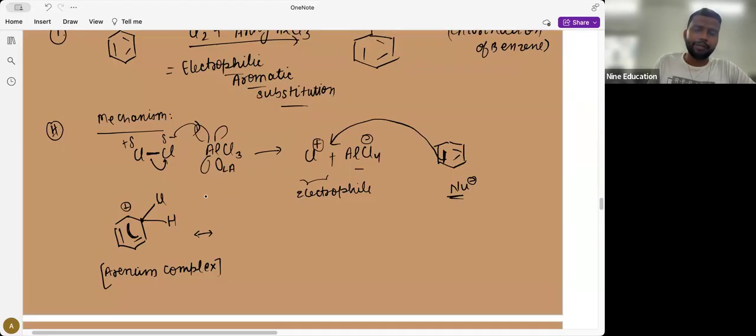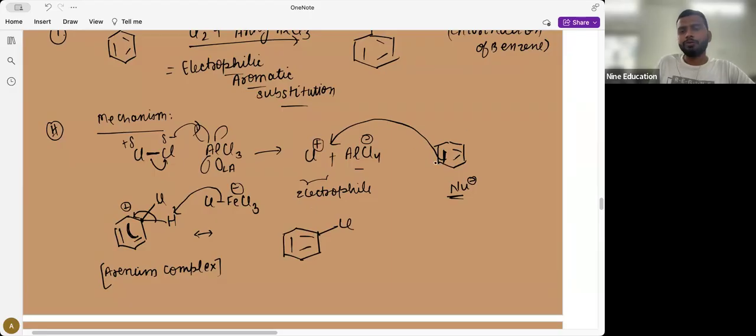And in the ending, what will happen? This FeCl4 negative will take the hydrogen and will again give the double bond and will change the bond from C-H to C-Cl.